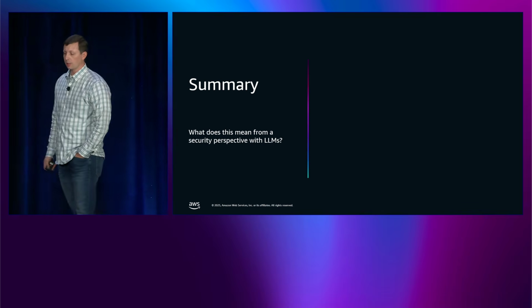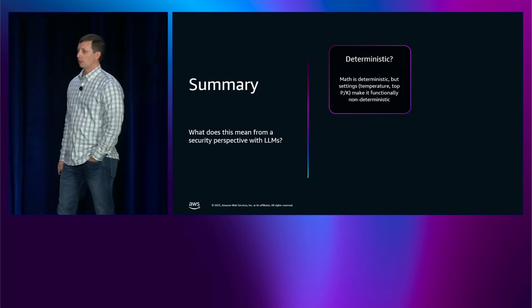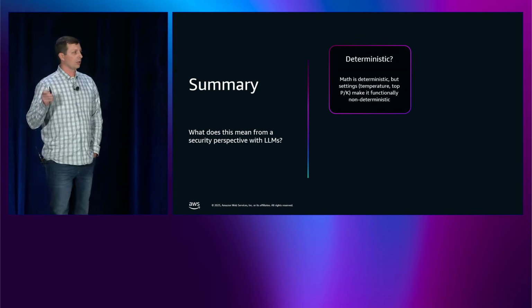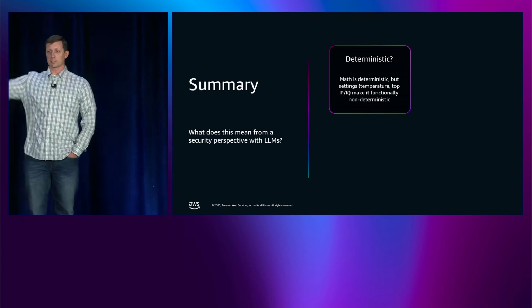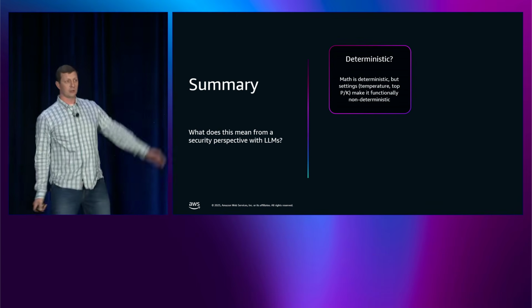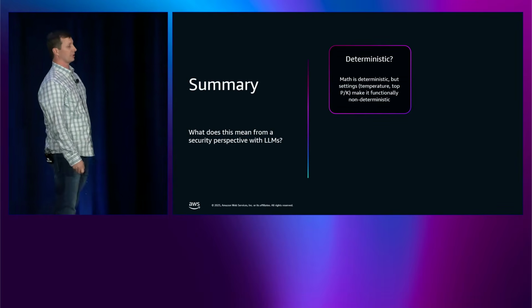So, in summary, on the foundational layer, a couple of things to think about. Raise of hands, are large language models deterministic? Yes or no? Yes. No, because you're reading the slide. Okay. They are not deterministic.